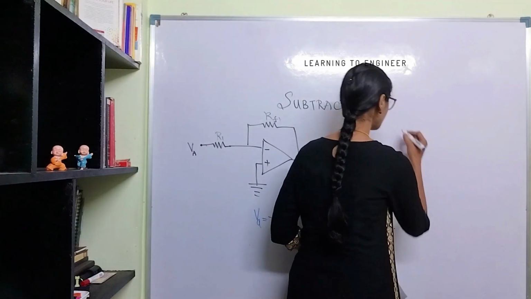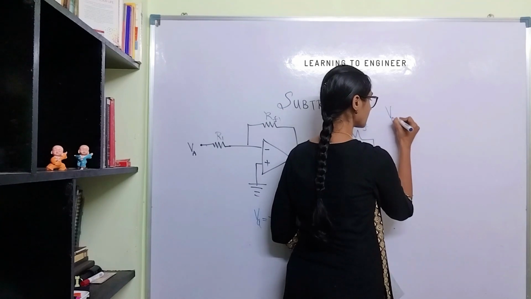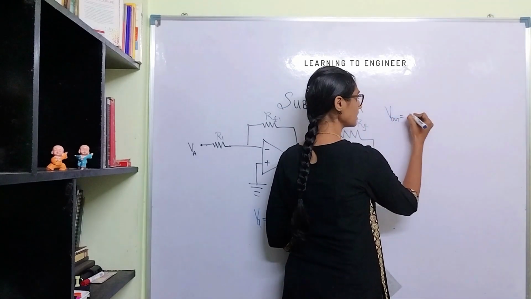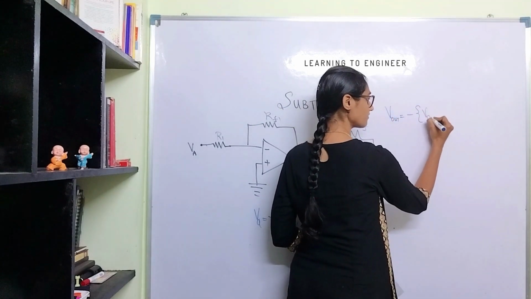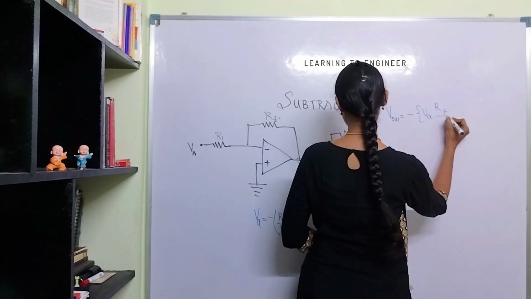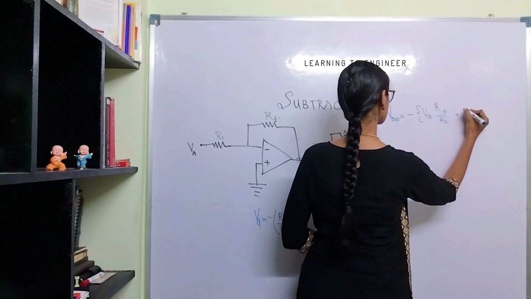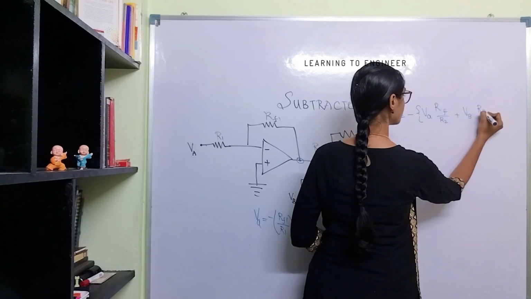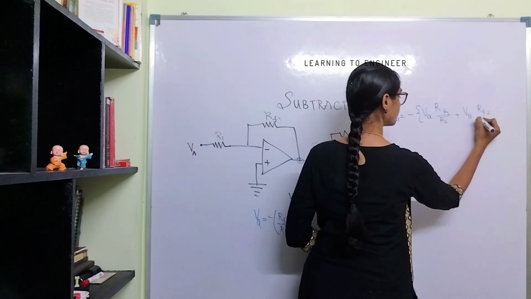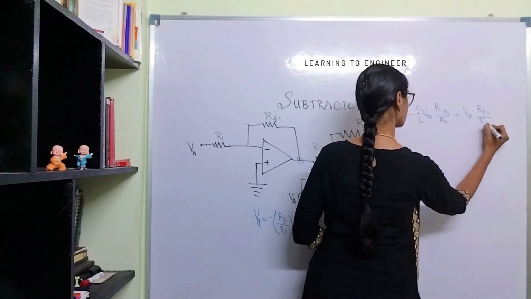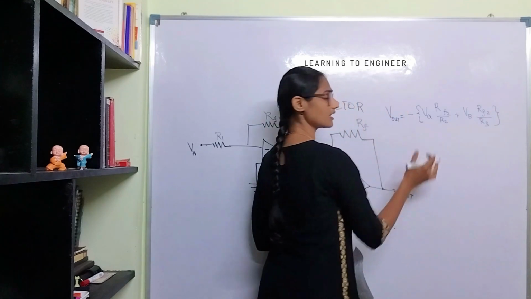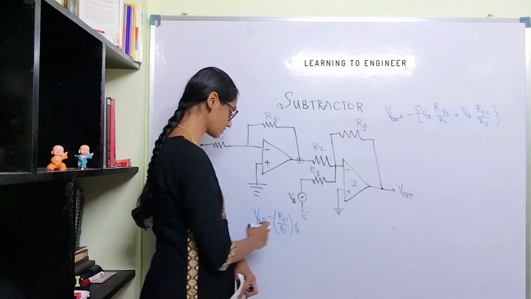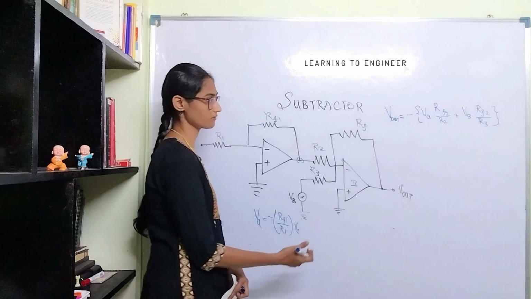So what is V out? V out is going to be the negative of V small a times RF2 divided by R2, plus VB into RF2 divided by R3. This is based on the adder concept. Now, what is the value of V small a? It is already a negative value.